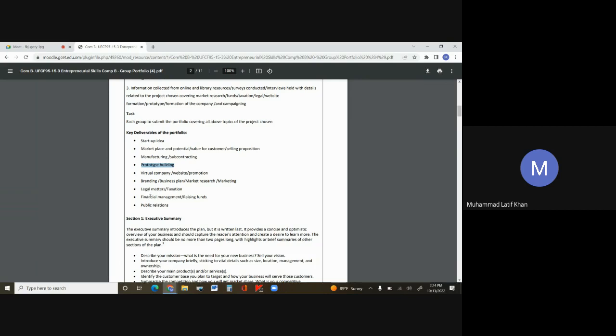After the prototype building strategy, it is very important to tell us how you are going to tell your customers about your product from the website perspective, and how you are going to promote your product through websites or promotion, what kind of websites you have, and what you are going to present on your websites.